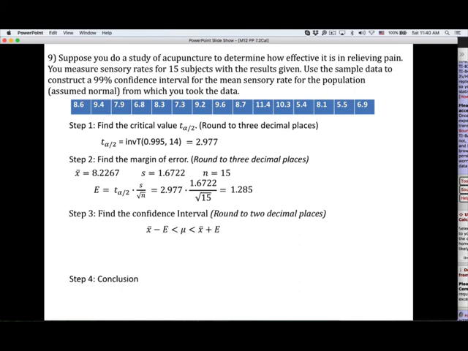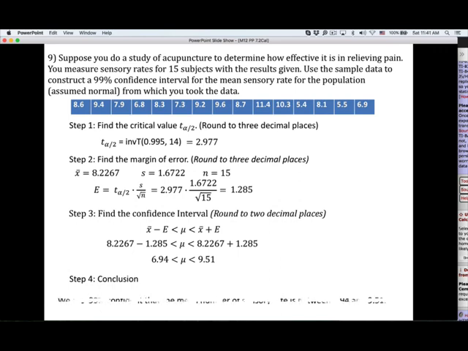And then the sample mean plus or minus the margin of error. You should get this. And then draw the conclusion. So we are 99% confident that the weight is going to be in between these two numbers.